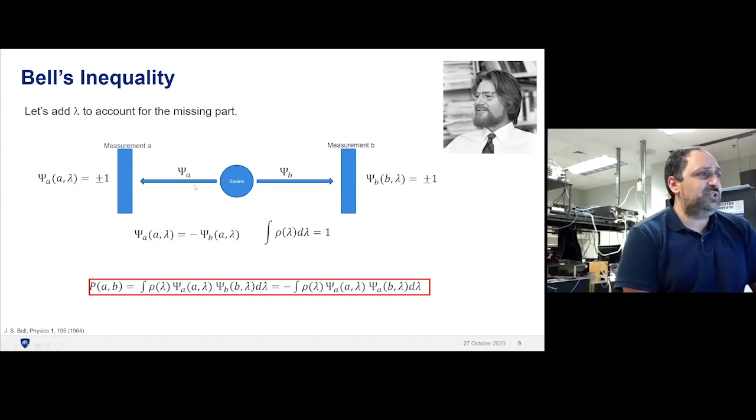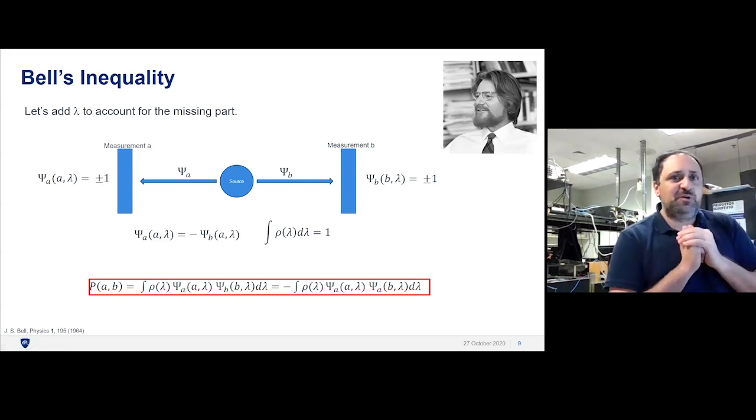And so that means, same situation. We have these two particles. They're both being measured in different places. And our new wave function still has the same result. It's either plus or minus 1, or it's plus or minus 1. So right now we're going to go through his derivation.